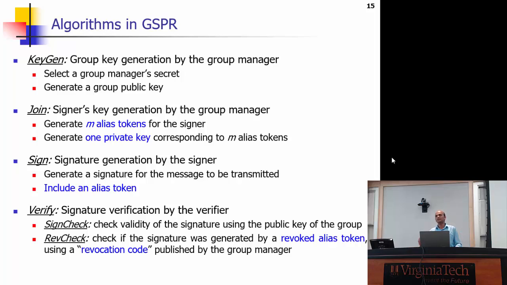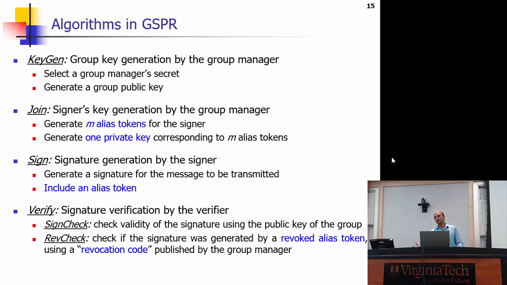You have many identities, but only one key. These many identities do not need to be transmitted to the signer. They can be generated by the signer itself. It will just need the key at its end, and it will be able to generate its own identity. So the communication overhead is definitely lower than the pseudonym-based scheme.